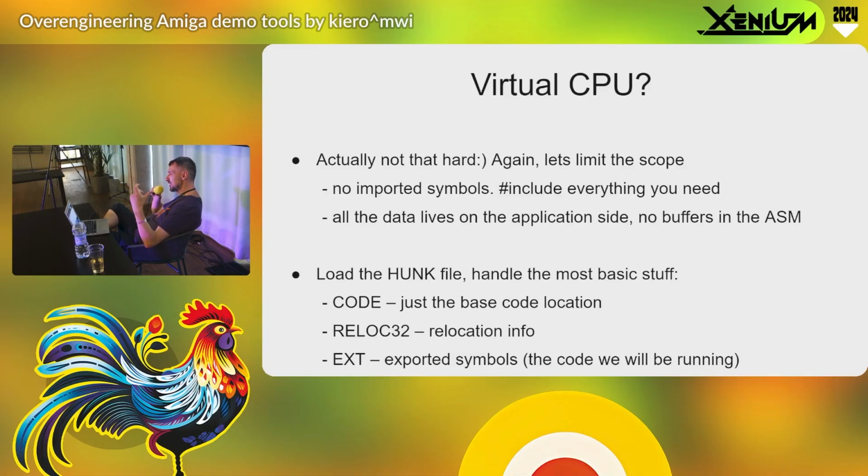Then you parse the binary. There is not that much in this binary that you have to take care of when you have this set of limitations. It is just looking up the code segment. You do the basic relocation of some local temporary buffers, and basically you're done. You have the memory address that you have to jump into, and just execute it, right?